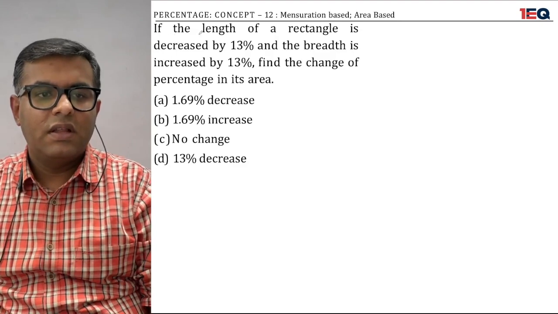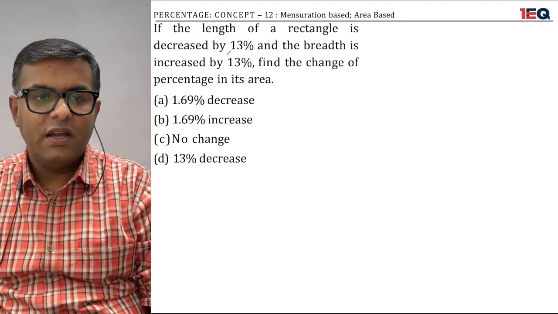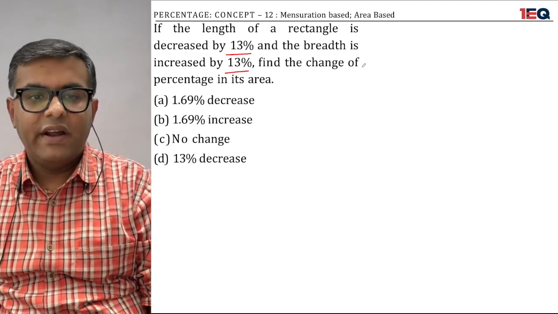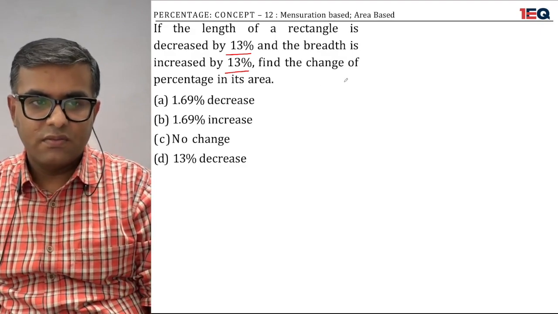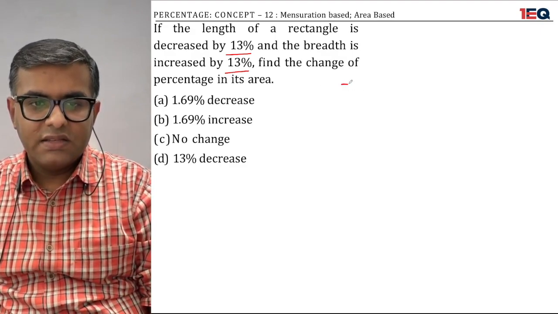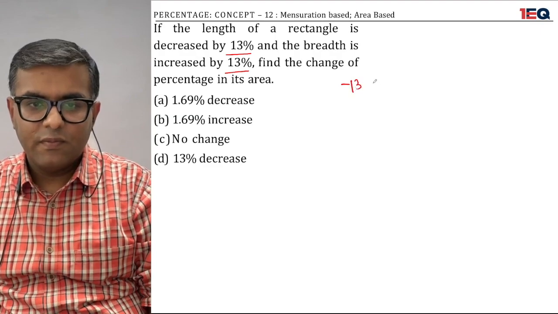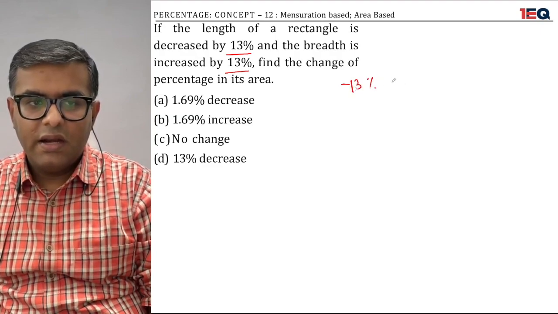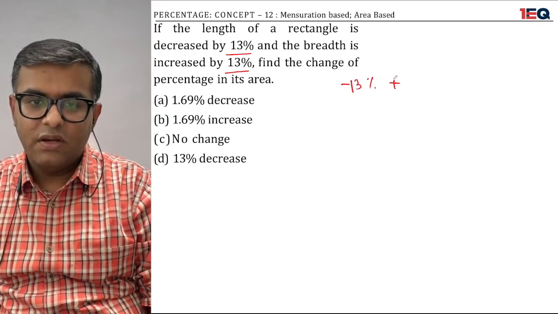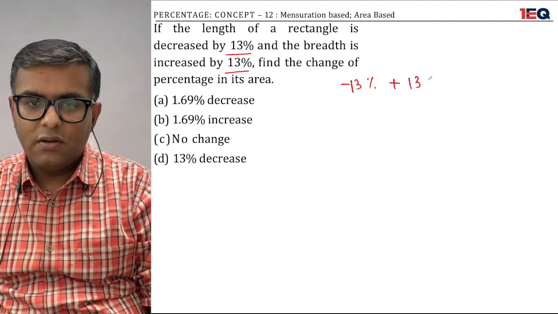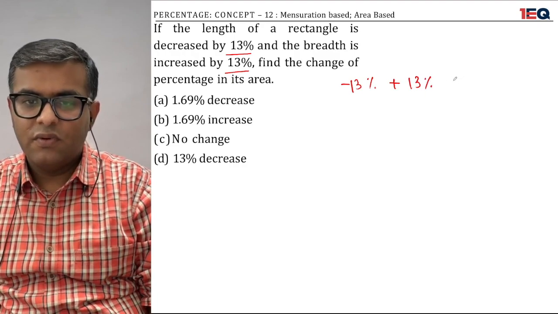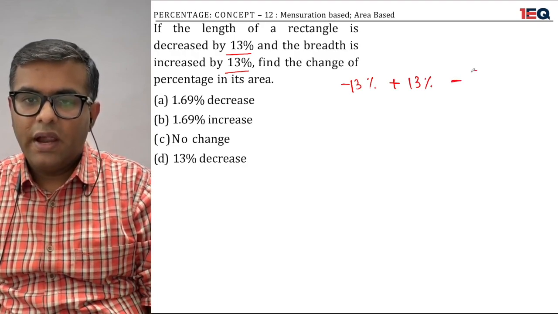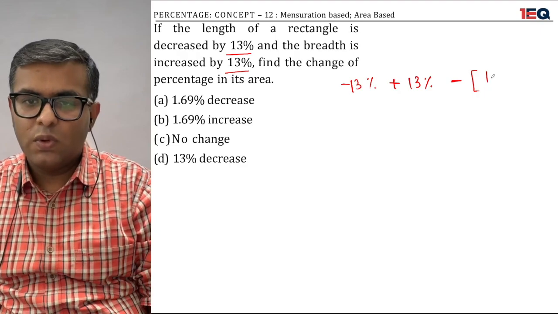If the length of a rectangle is decreased by 13% and the breadth is increased by 13%, find the percentage change in its area. Again, I'm going to use the most basic formula. The length is decreased by minus 13%, and the breadth is increased by plus 13%. Now the plus and the minus would give it a minus sign over here, and 13 square is 169.